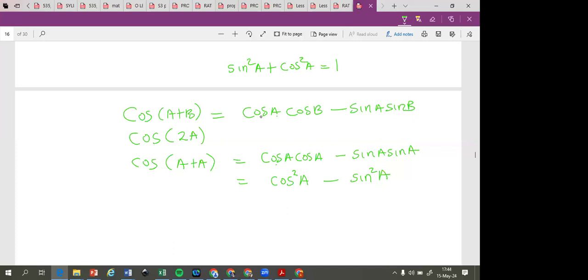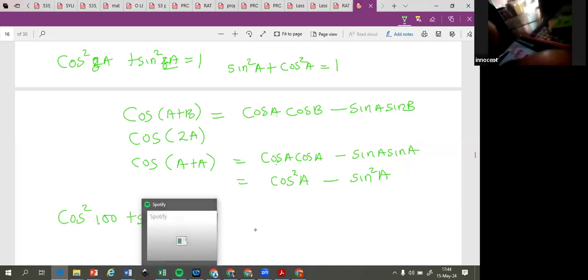Even if the angle is different, even if I have cos squared 2A plus sine squared 2A, I also get 1, as long as the angles are the same. Even if I have 8A, or cos squared 100 plus sine squared 100, still the answer would be 1. Are we together?